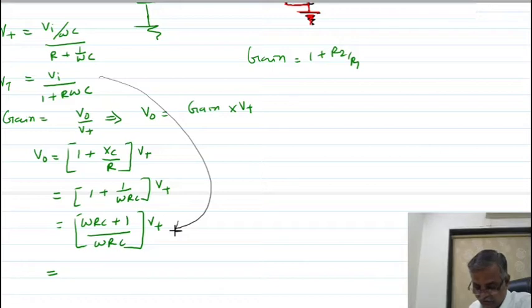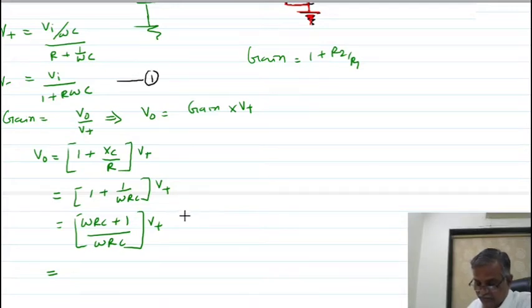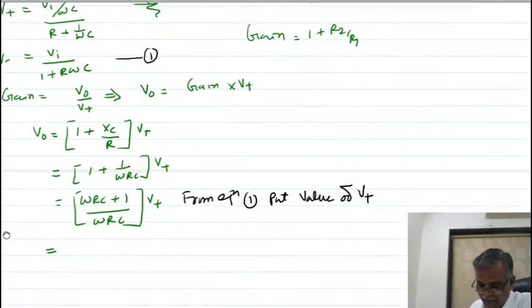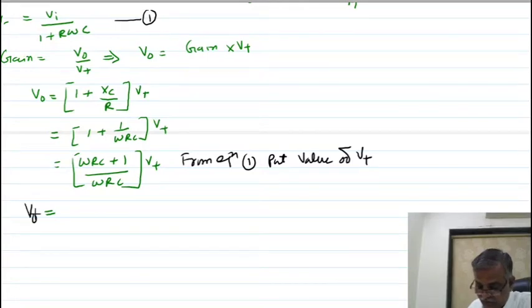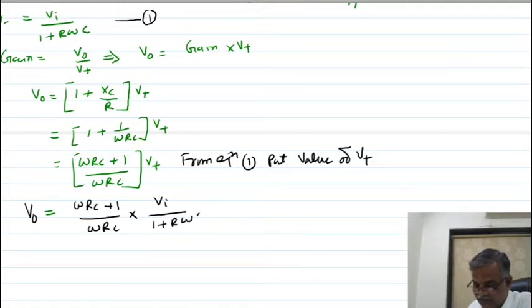Say this equation is 1. From equation 1, put the value of V plus. So I am putting Vo equal to (omega RC plus 1 upon omega RC) multiplied by Vi upon 1 plus R omega C. So we will get 1 upon omega RC into Vi.